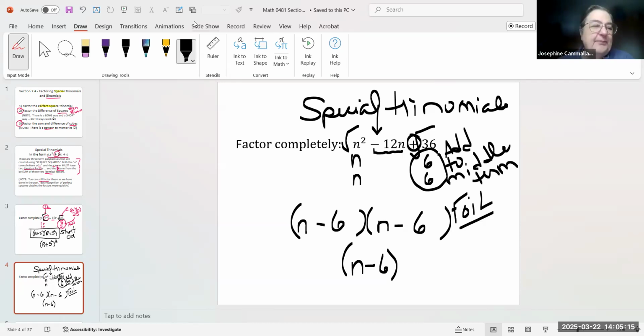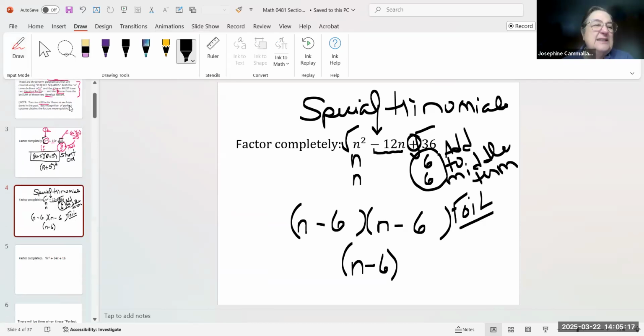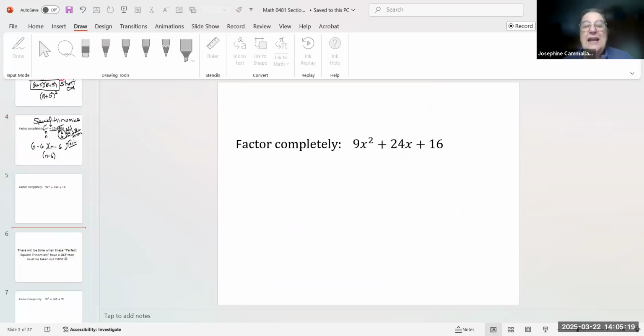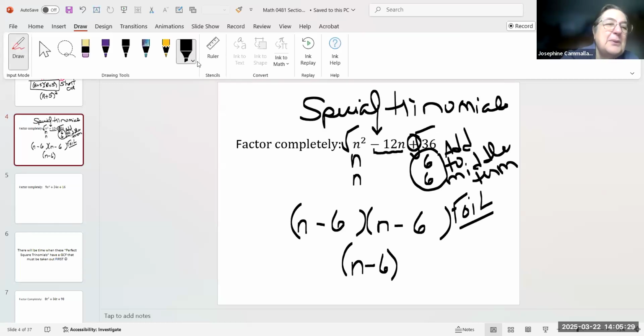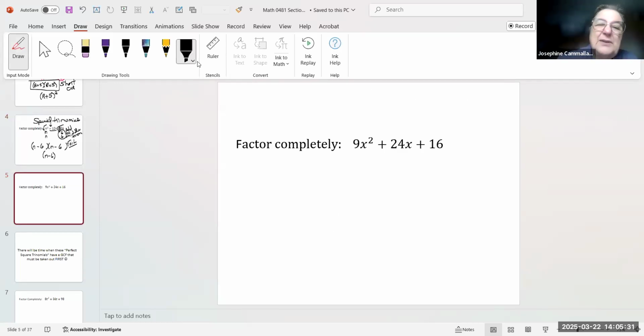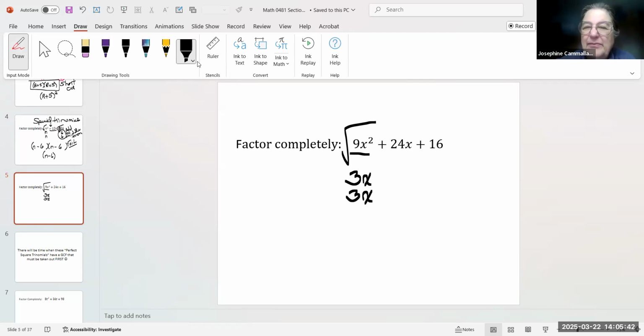Let's try again. Okay. Now, this one's a little more different. Do you see I have a 9 here? If I take the square, this is 3x times 3x.